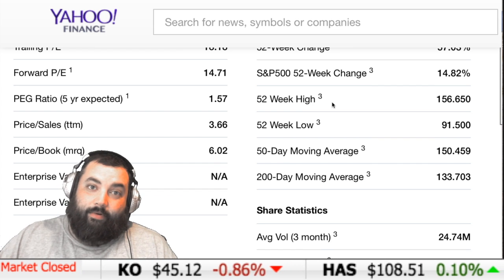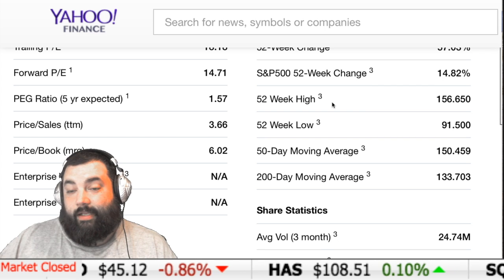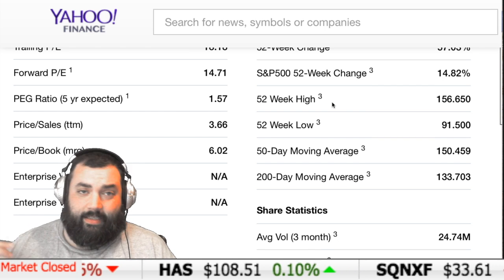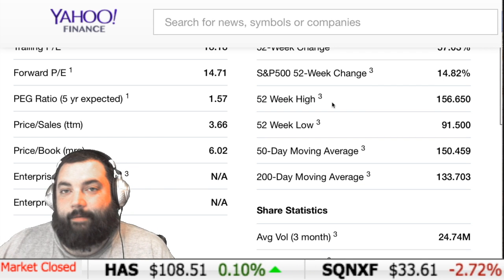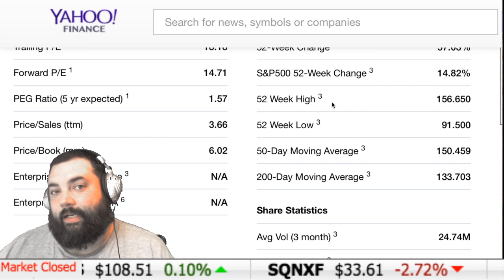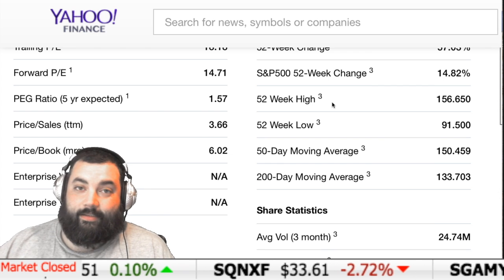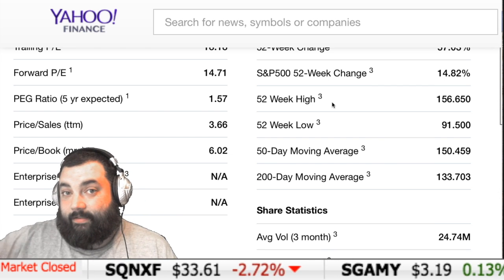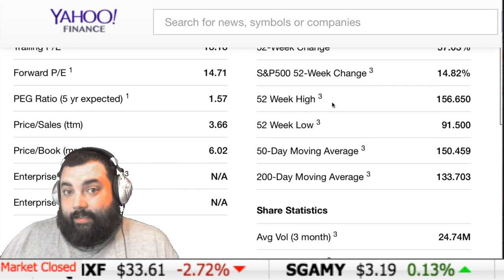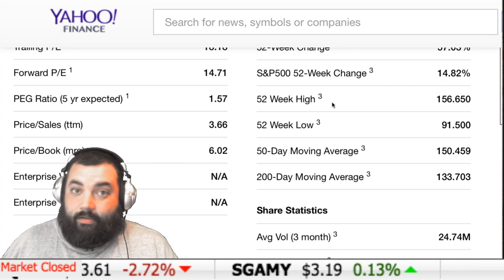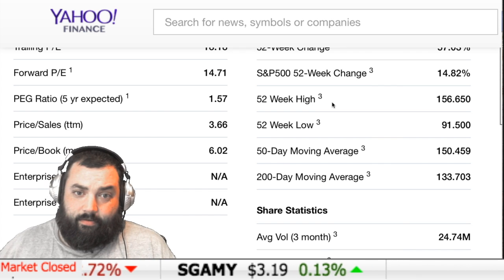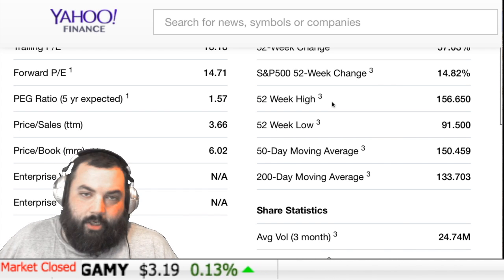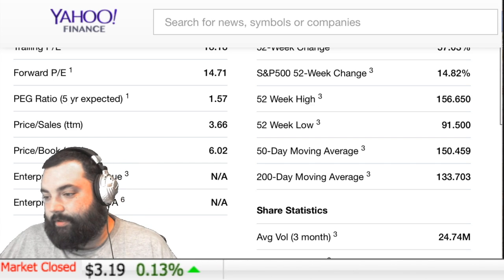When it hits a 52-week high, makes a new record, and has been trading up there, like when Nintendo came out with the Switch, it hits a new 52-week high and there's momentum behind it. Chances are it's going to keep hitting a new 52-week high every so often as it trades in a certain range. It raises its moving average, whether it's 50 or 200 day. So momentum is what we're talking about when we talk about those averages.